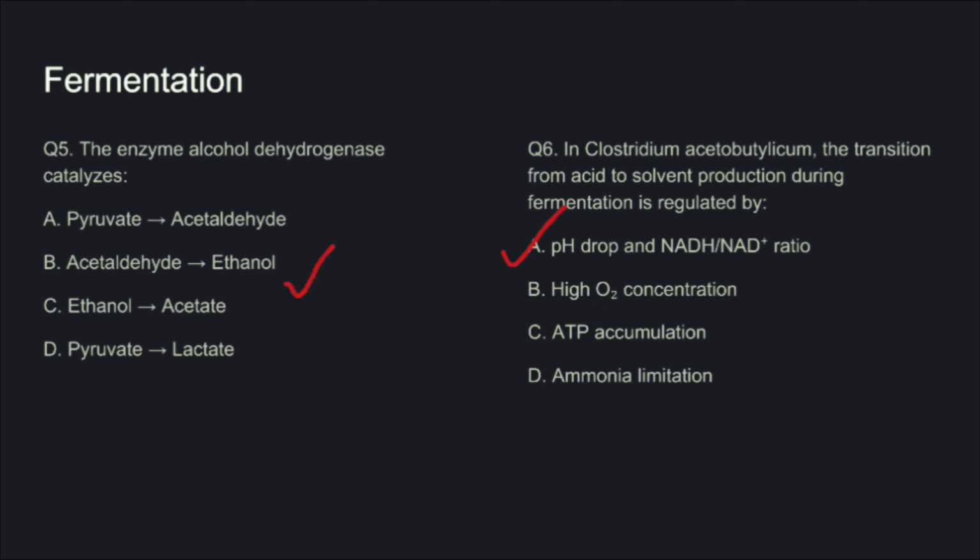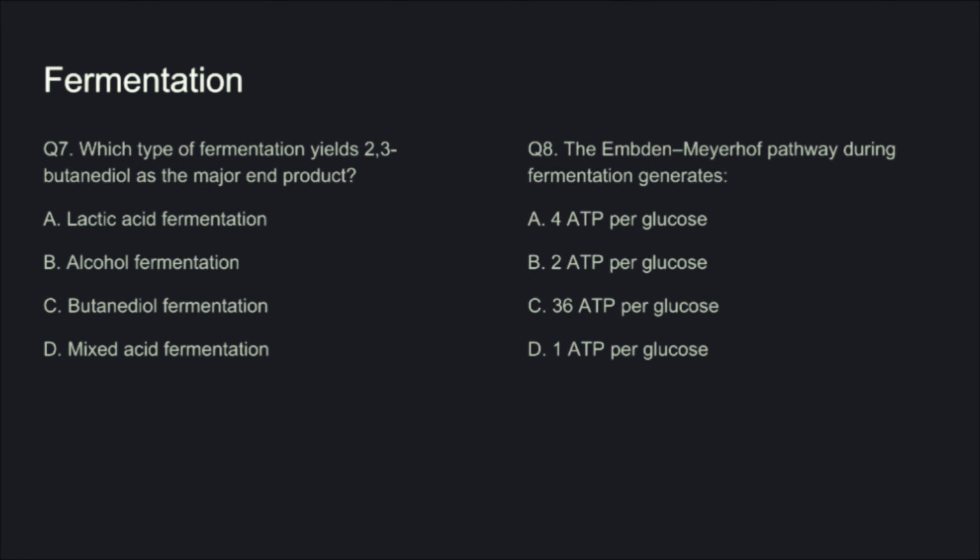Question number 7. Which type of fermentation yields 2,3 butanediol as major end product? Options are A lactic acid fermentation, B alcohol fermentation, C butanediol fermentation, D mixed acid fermentation. Easy question. Butanediol fermentation.